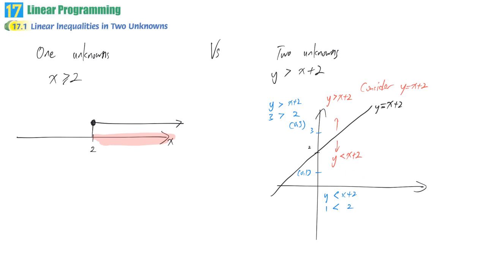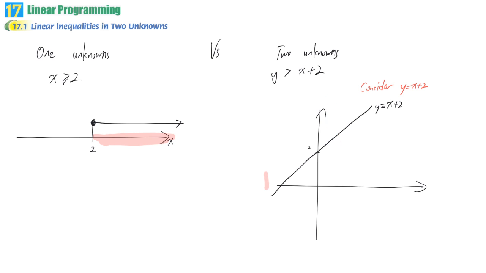But one of the key points is you have to write in terms of slope-intercept form. Otherwise, drawing the lines or identifying the region will be much more difficult. In this case, we are finding the region which fulfills the constraint y larger than x plus 2, that means above our reference.